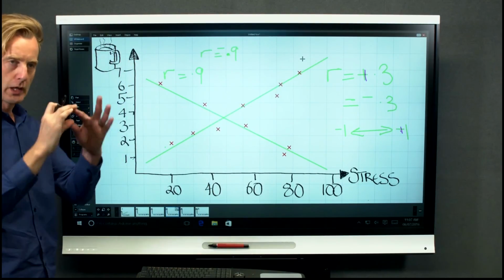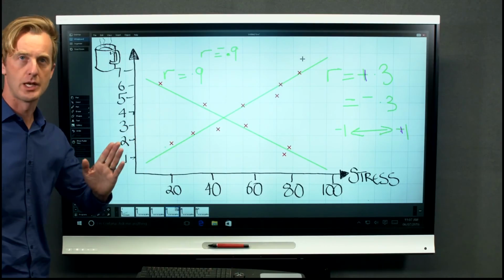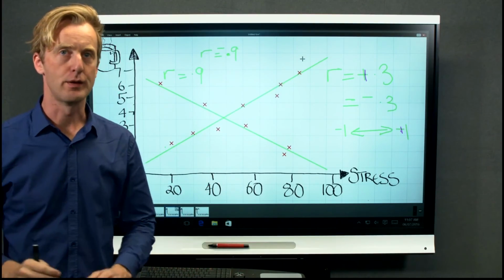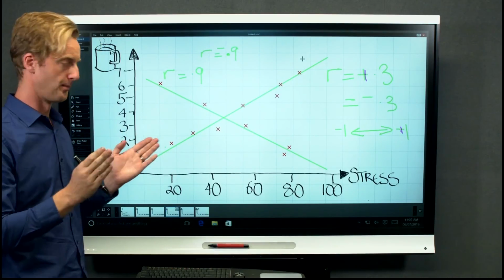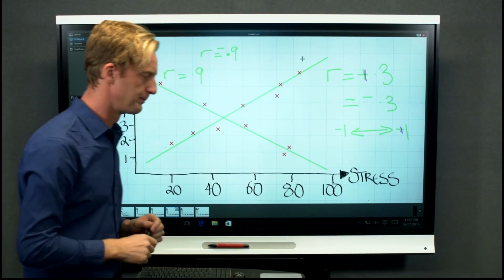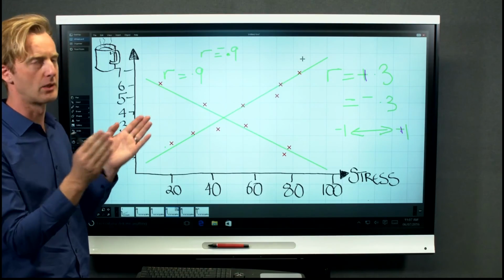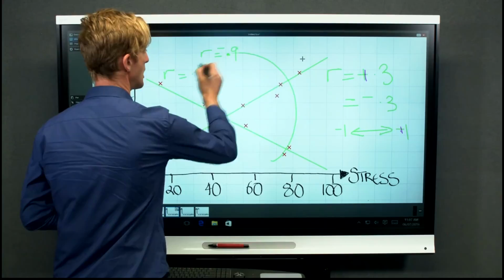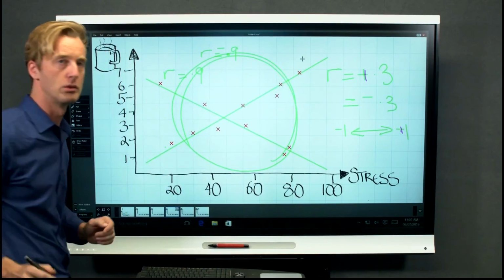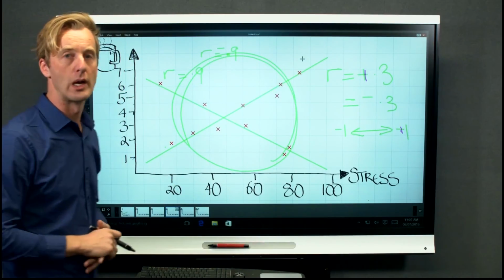So if they're close to the line, it's a number that's either near positive 1 or negative 1. If they're a long way away from the line, it's closer to 0. So 0.1 to, so basically anything closer to 0. If it's 0, it means that there's no relationship at all. So you're looking at data that's basically a circle. You know, there's just no relationship there.